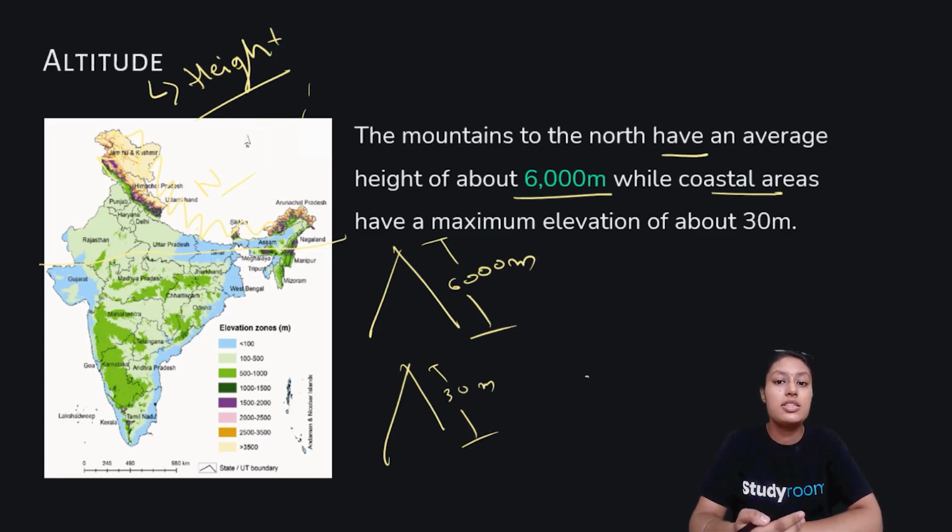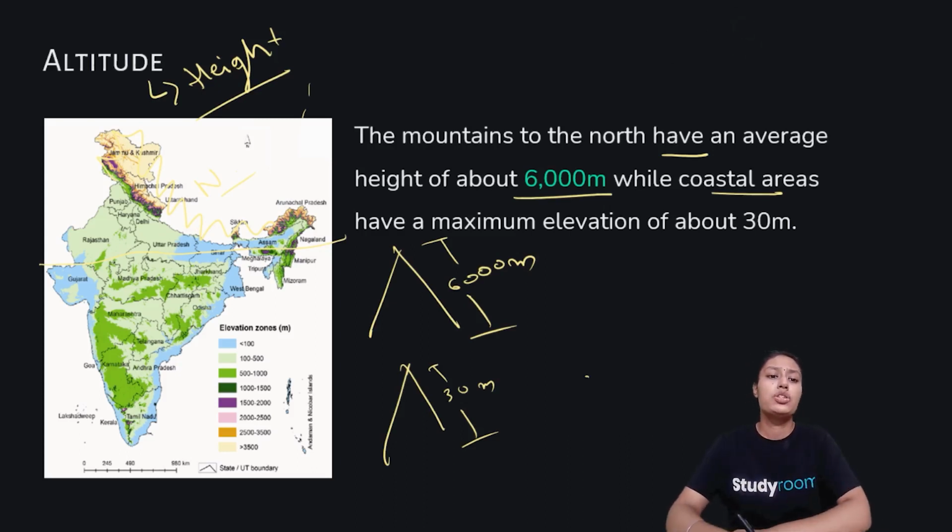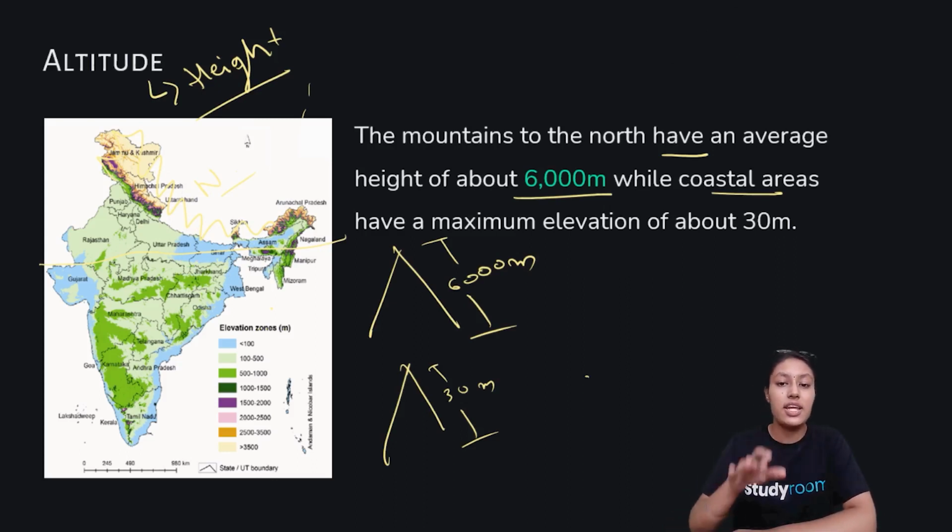Due to altitude, the climate is very cold. That is why it's colder in these parts, and in the blue part where the elevation is less, the climate is comparatively warmer. Okay, so these are the reasons for altitude.